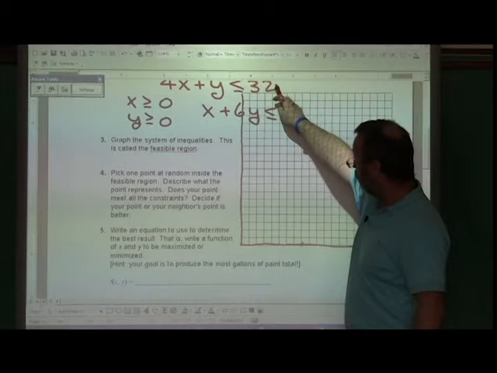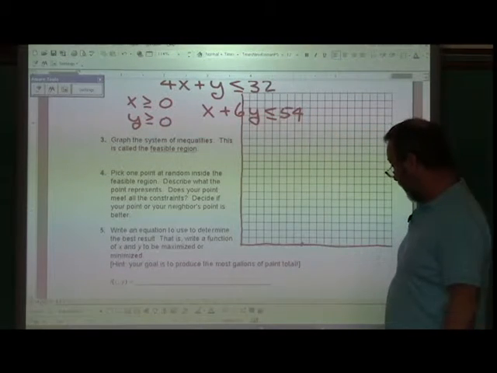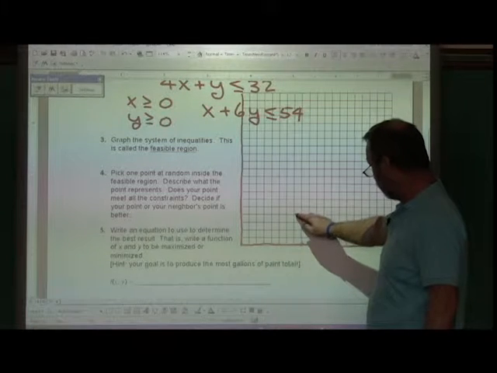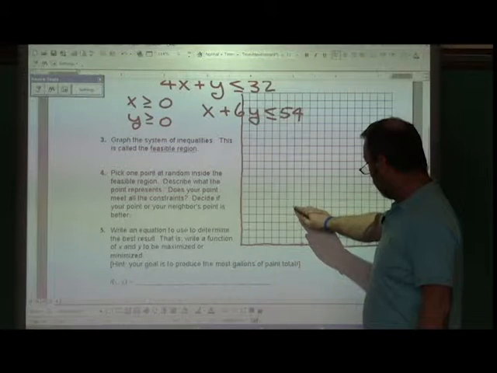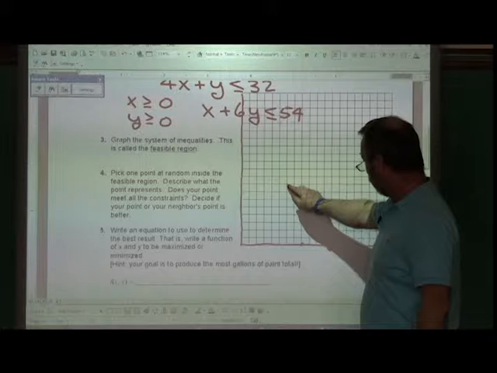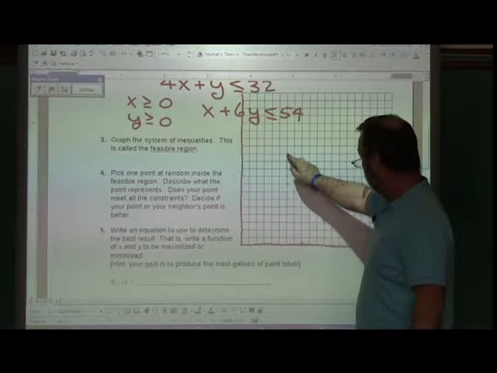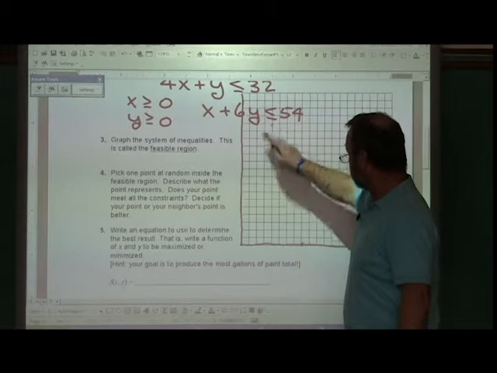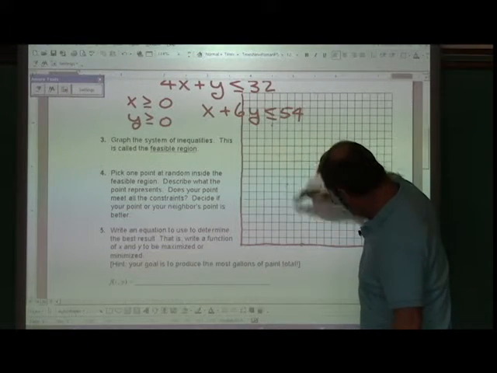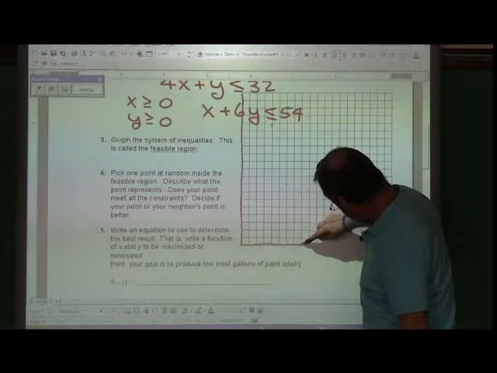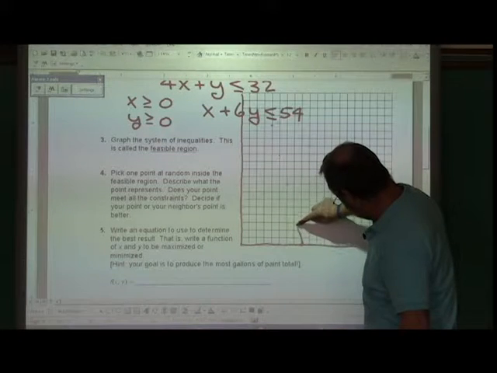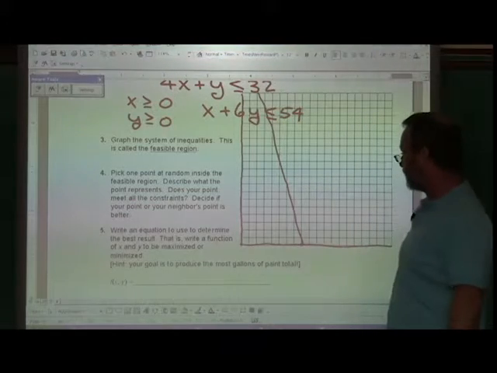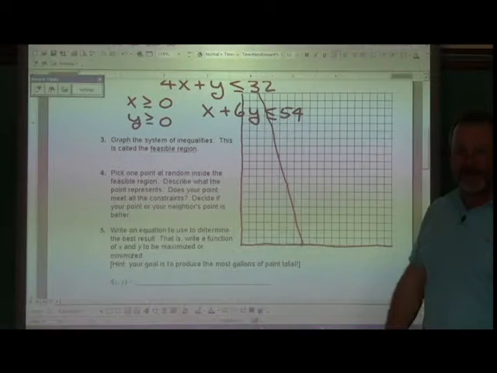And this equation has a slope of -4. So it's up 4, 1, 2, 3, 4, and over 1, up 4, over 1, and so on. It's not the greatest straight line, but that should be a straight line there.